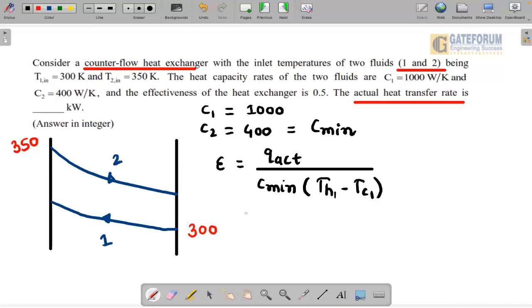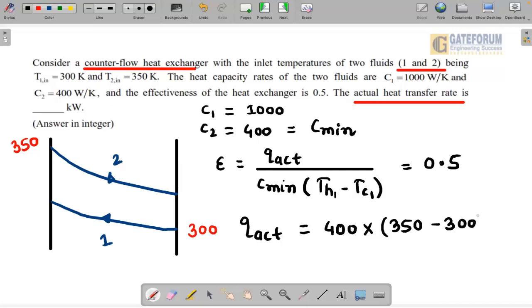The effectiveness we have is 0.5. Q actual we can calculate from there. C minimum is 400. The temperature difference is 350 minus 300, into 0.5.